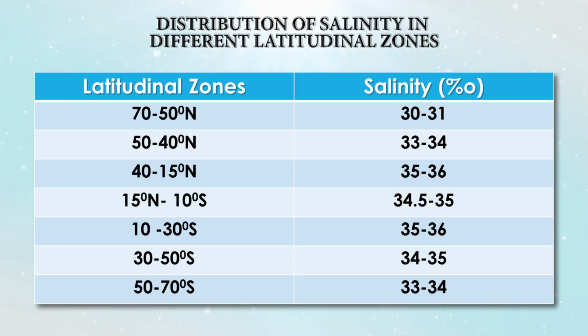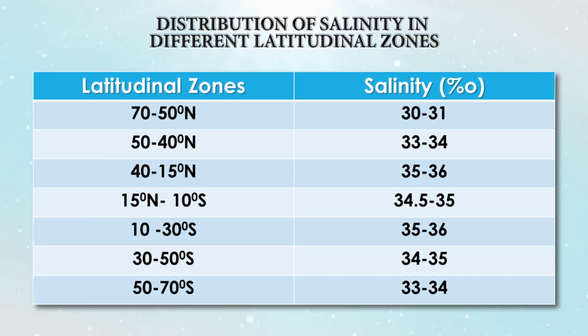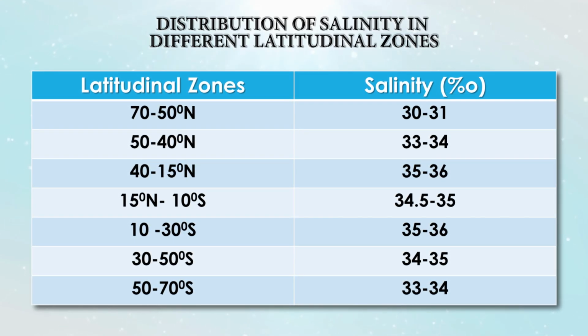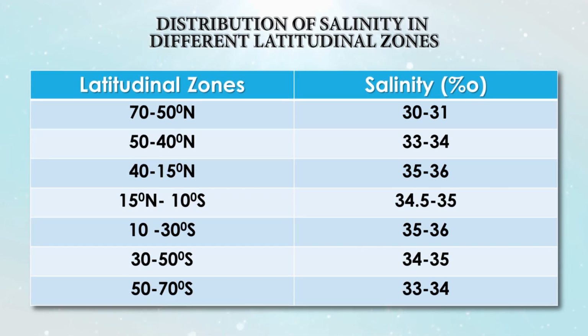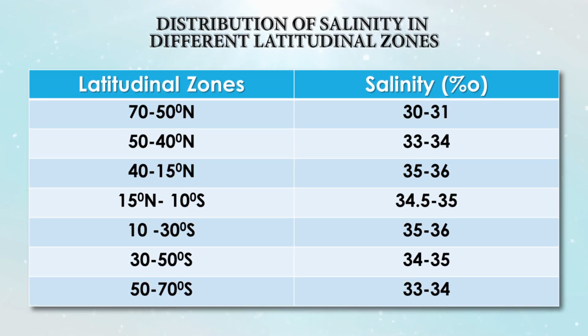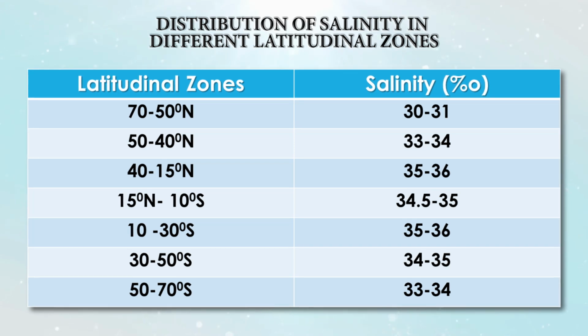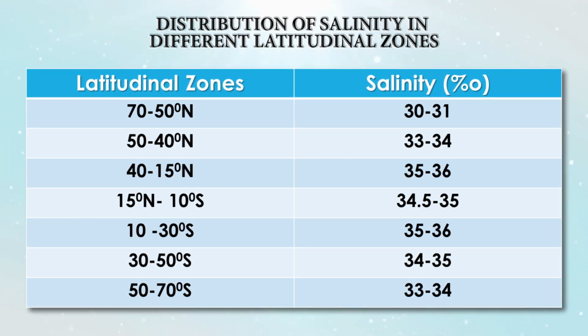You can see that the 50 to 70 degree north latitude shows 30 to 31 per thousand salinity, and 50 to 70 degree south latitude shows 33 to 34 per thousand salinity. So you can see that the salinity in the southern hemisphere is slightly higher compared to the northern hemisphere, and you can also compare the trends, how they decrease towards the poles and how tropical areas have higher salinity compared to the equatorial areas.